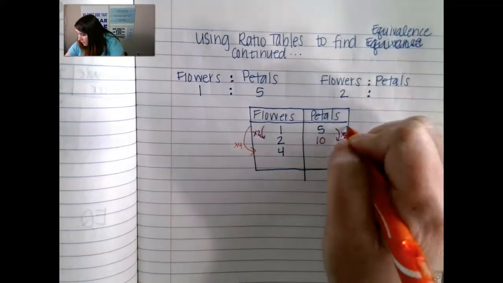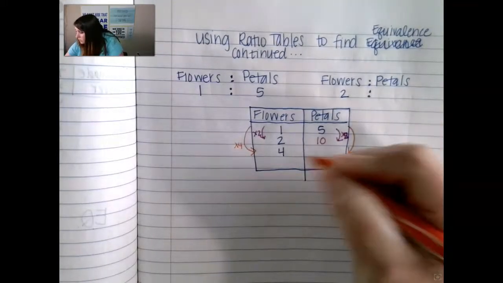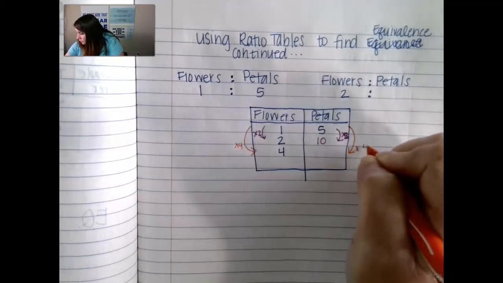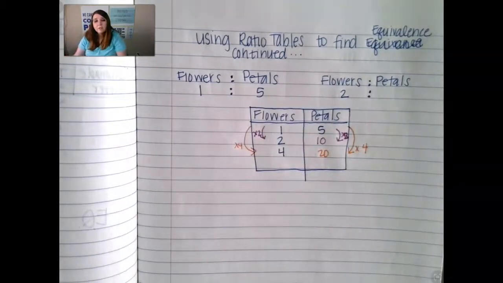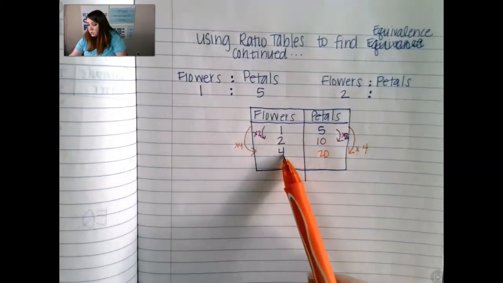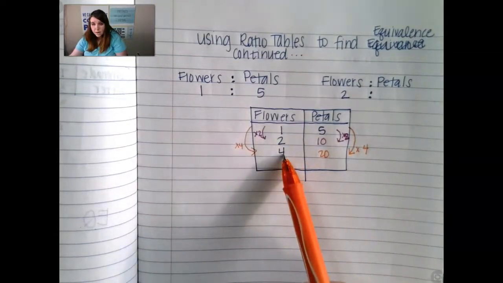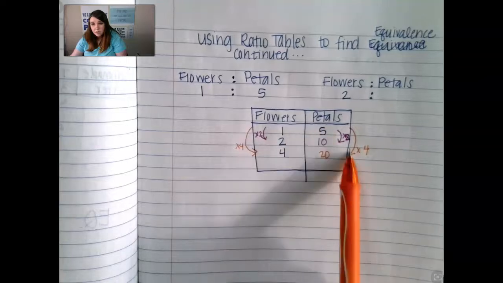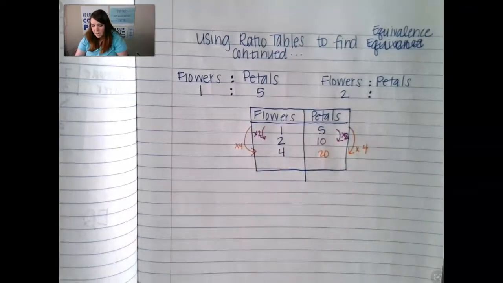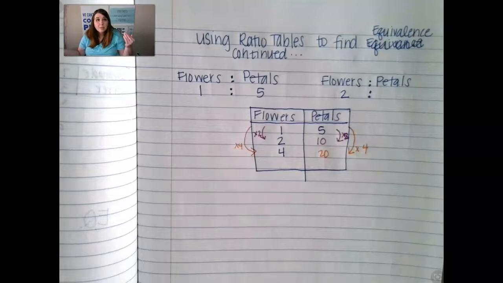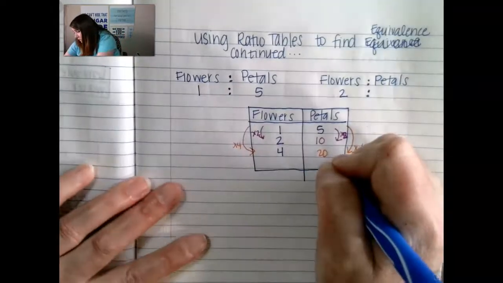On this side, then, I would use 5 times 4 to get 20. So here I've used this idea of moving from the top to the third box down. I'm getting tongue-tied.